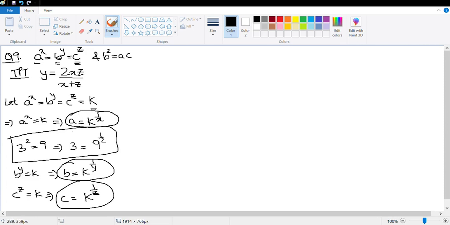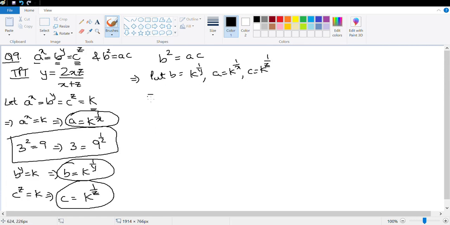Now all my properties of exponents or indices will be applicable. What else is given? The question says b square is equal to ac, which means put b is equal to k to the power 1 upon y, a is equal to k to the power 1 upon x, and c is equal to k to the power 1 upon z.